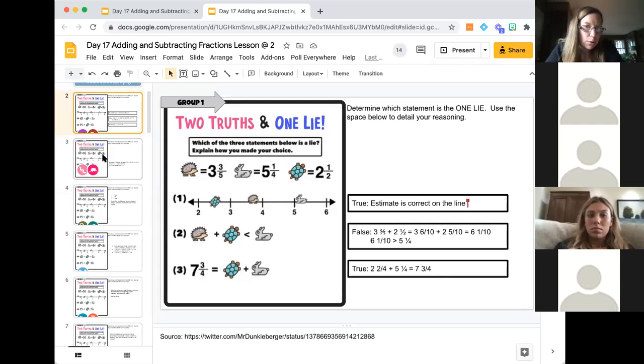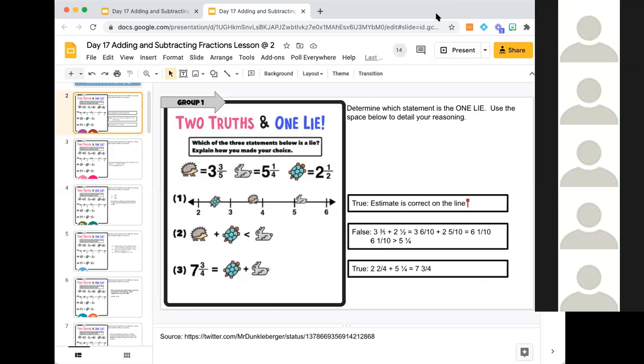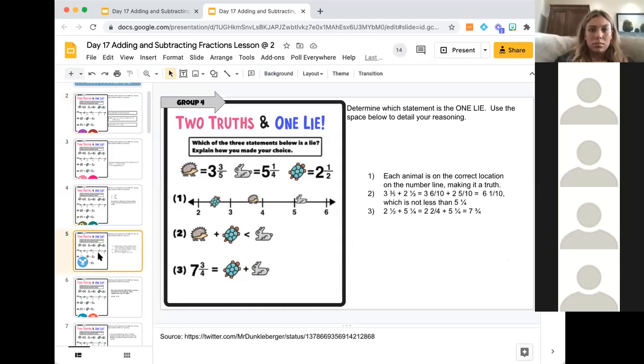I'd like to know, what strategy did your group use? Mariah, can you tell me, you and your partner, which group were you in and the strategies that you used to determine which one was the lie? We were group 4 and we just focused on common denominators. For the first one, it was visualization, just looking at the number line.